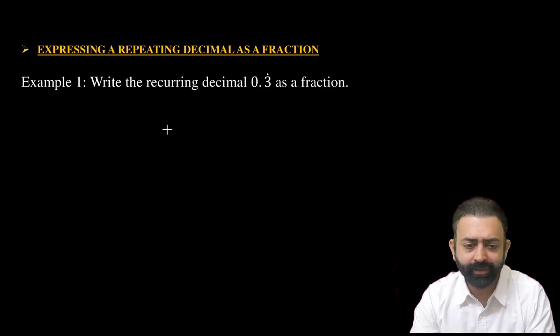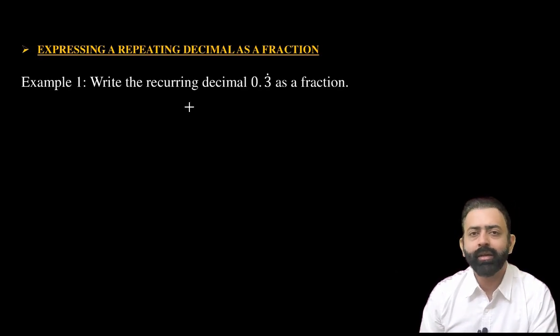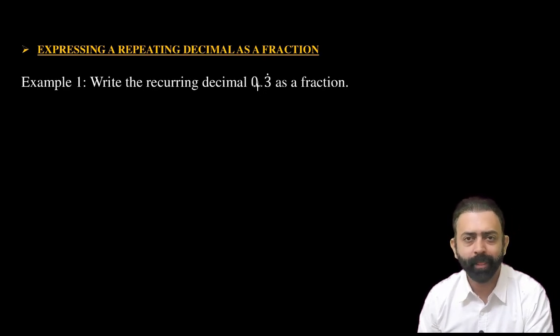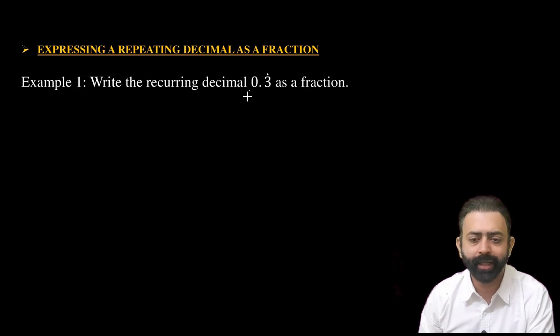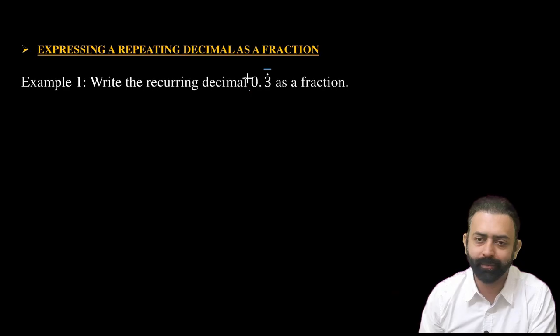Example 1: write the recurring decimal 0.3 with a point over 3. This simply indicates that this 3 is repeating. Whenever a digit is repeating in a recurring decimal, we put a bar over it, or a simple point over that digit.